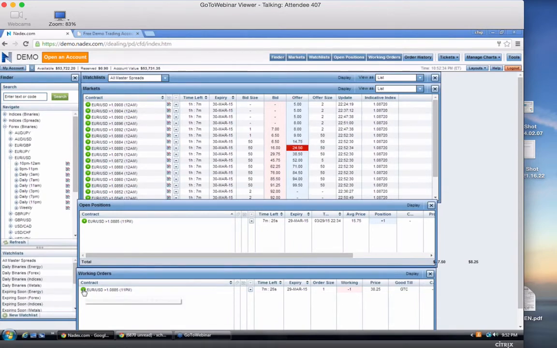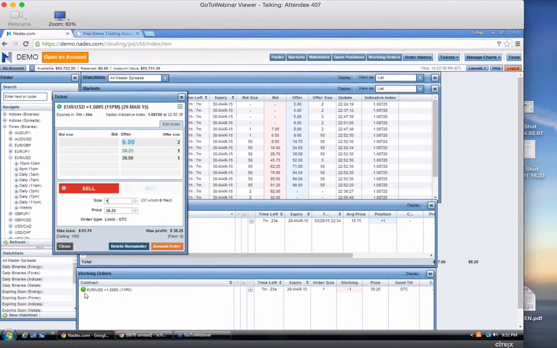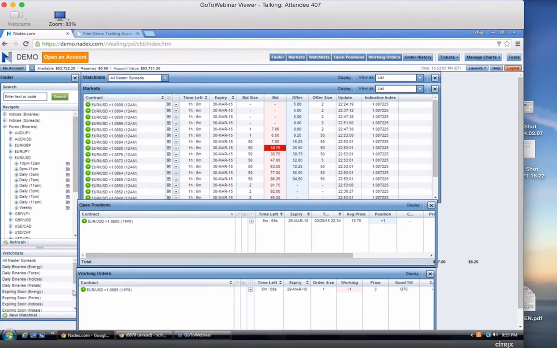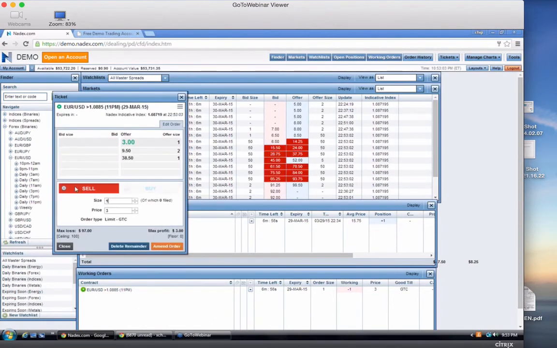You click this green circle right there in your working orders and amend that order, although here there are no bids at this time. So what you could do is try to offer it out maybe even a little lower and see what happens, to try to draw interest. And that would be you right there.